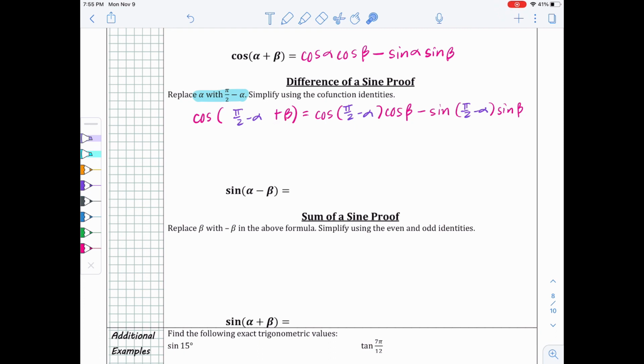When we do that, we end up with the cosine of pi over 2 minus the quantity alpha minus beta, once we GCF out the negative from the alpha as well as the positive beta.